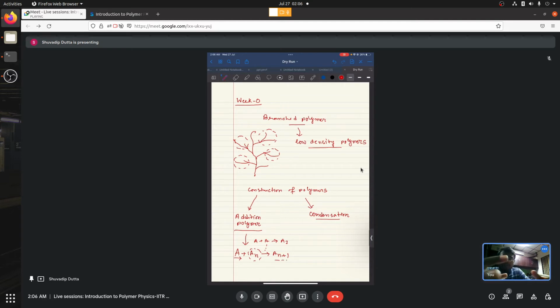So each time one monomer is attaching to the assembly of monomers, and it is called addition polymer, because we are adding one monomer each time, correct?